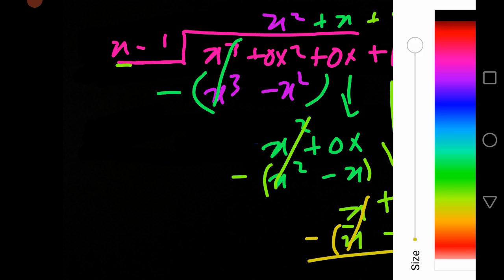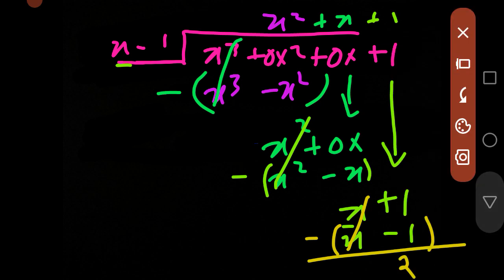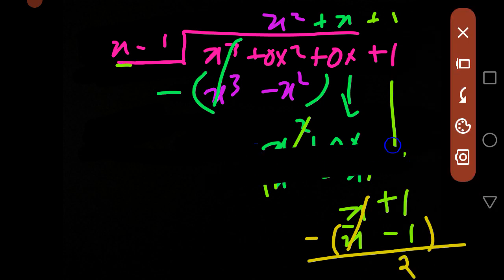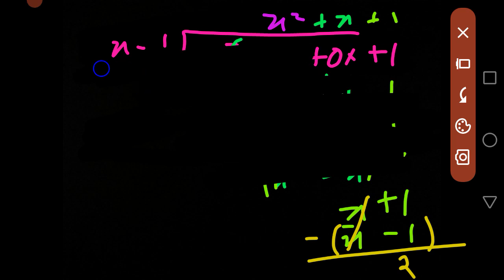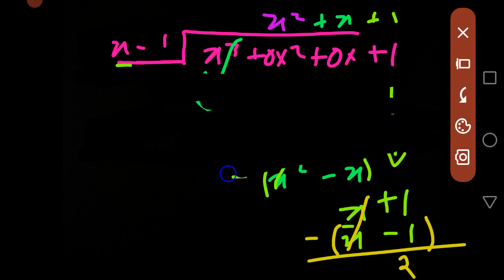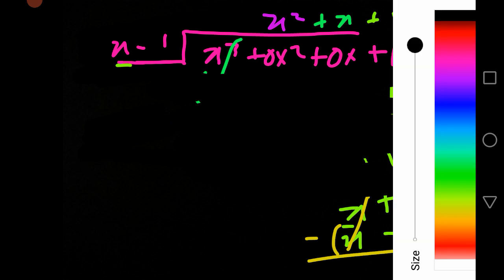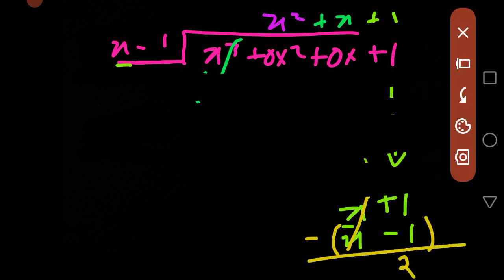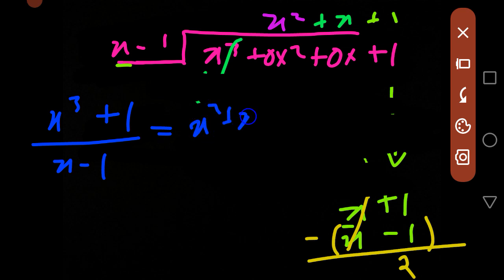Before I write up my oblique asymptote, I would say I had x power 3 plus 1 over x minus 1. After I used long division, my answer was x squared plus x plus 1.